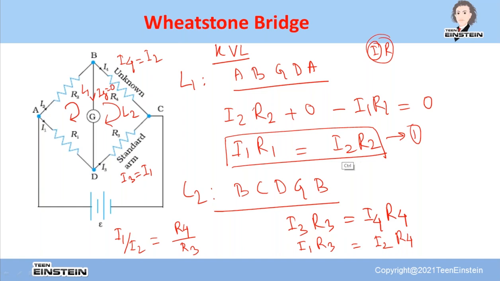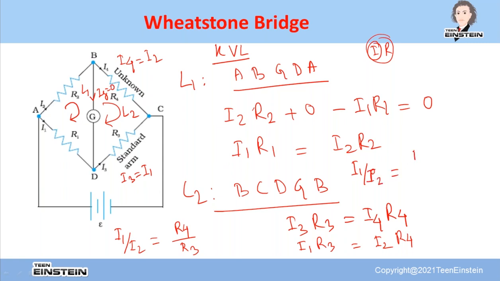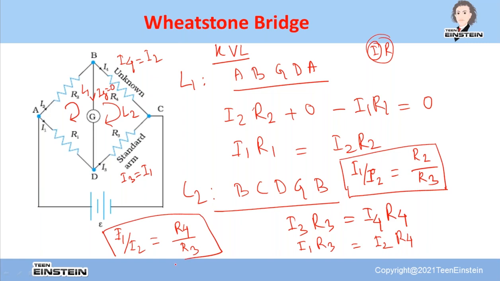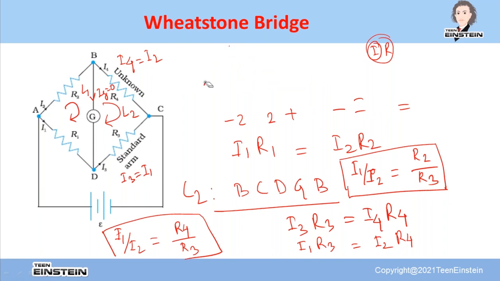Now from equation 1 also, if I take the ratio I1 by I2, we get R2 by R1. These are the ratio of the same quantities, so I can equate them. If I equate them, look what we'll get.